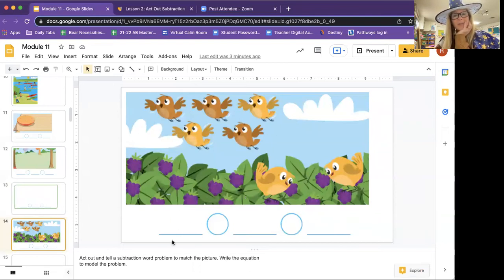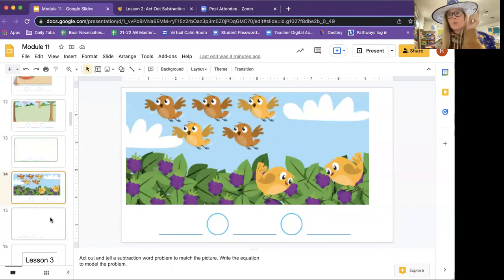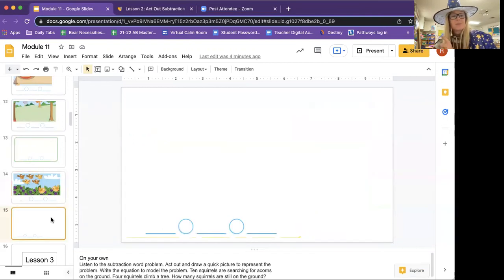That number goes here. And it's take away. Don't create an addition problem. Take away. How many flew away? And then don't forget your equal sign. And how many do we have left? Right? Pause this while you figure out a story and go tell your homeschool teacher a story that matches this picture, okay?